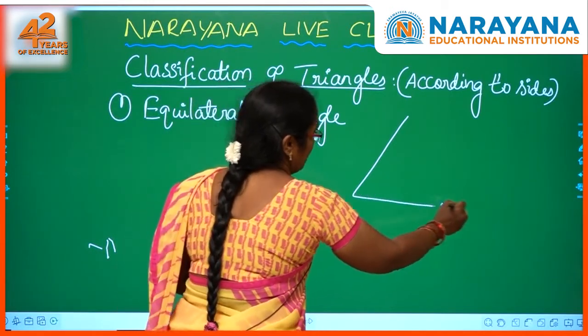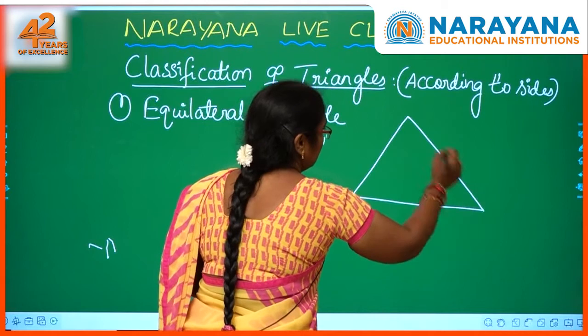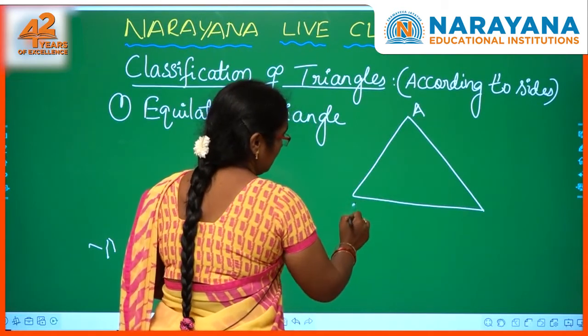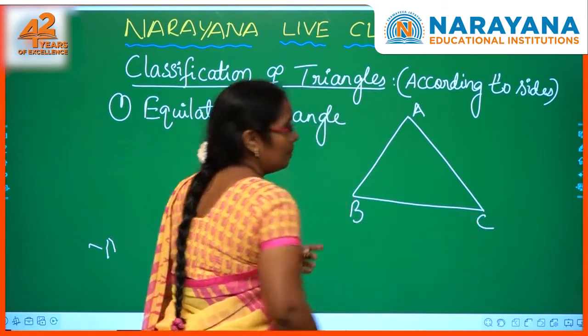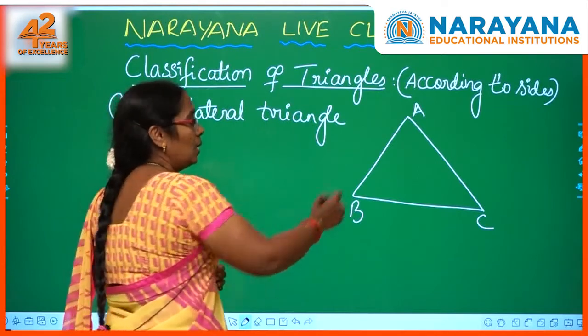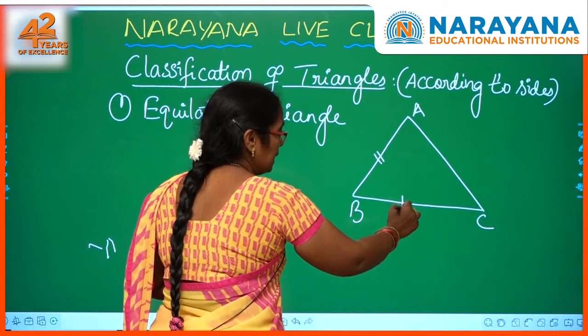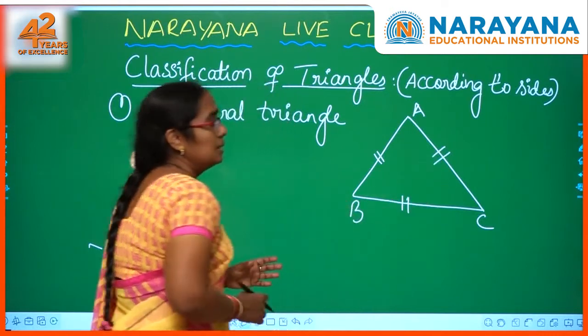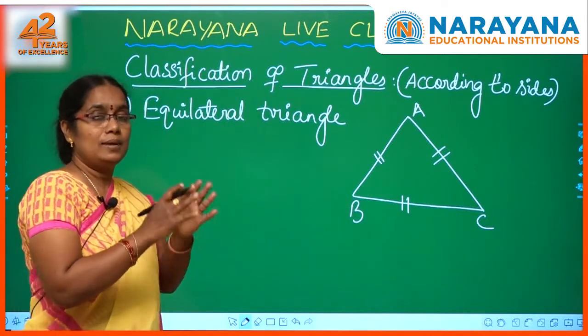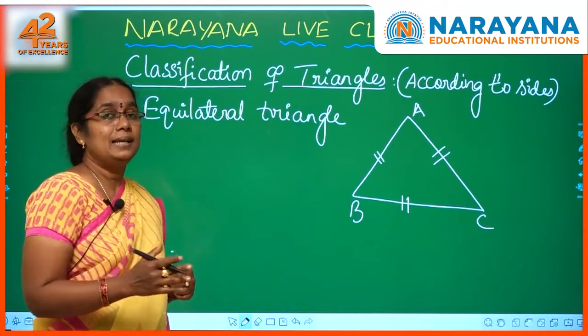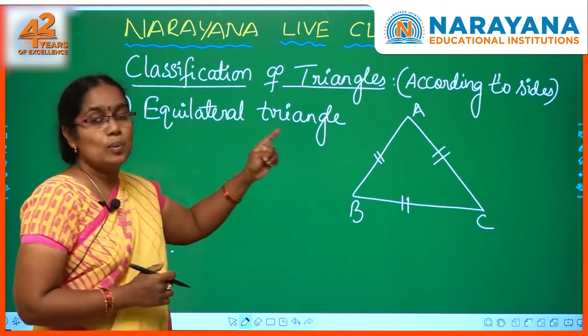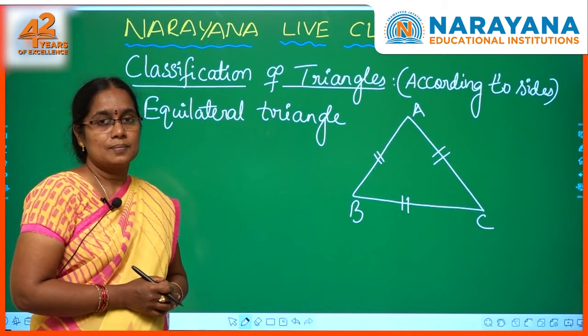let me take one triangle here. ABC is a triangle in which all the lengths of sides are equal. So AB length, BC length and CA length, those lengths are equal. Then we can say that triangle is an equilateral triangle.